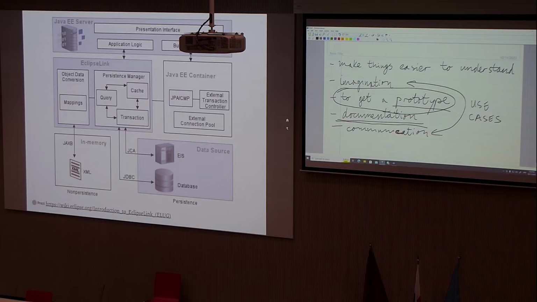So Eclipse Link is just this rectangle there. Object data conversion and persistence manager, and it has interaction with other systems. So we see the context of the system, which commonly you do not see from a class diagram.